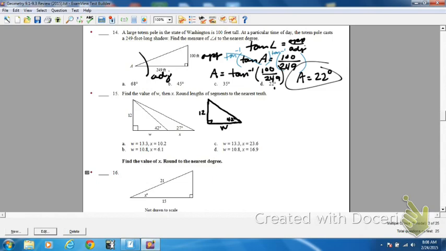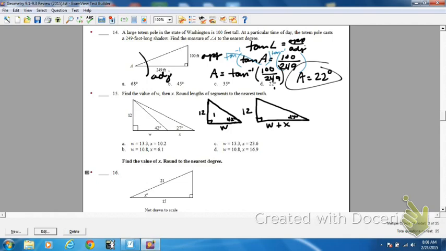And then we have the bigger triangle, right triangle again, height 12. This time the base is w plus x, and the angle is 27 degrees. So we're going to use them together.